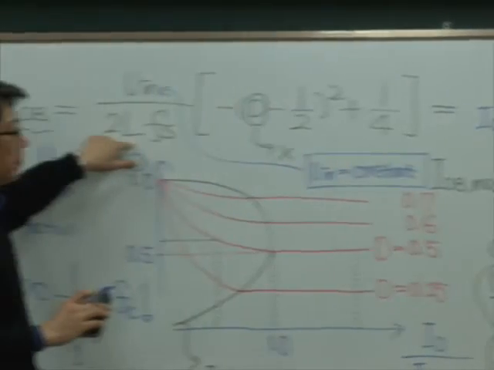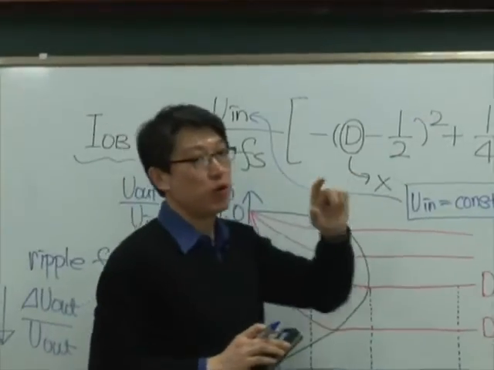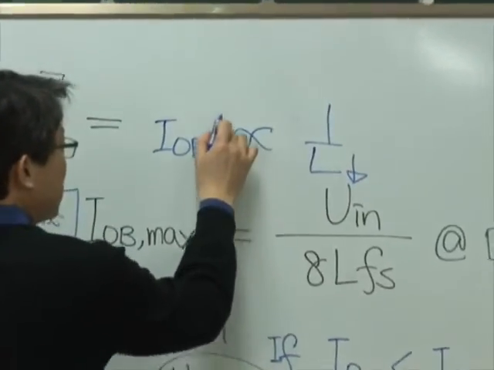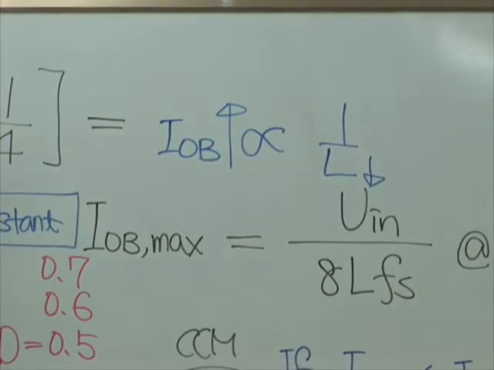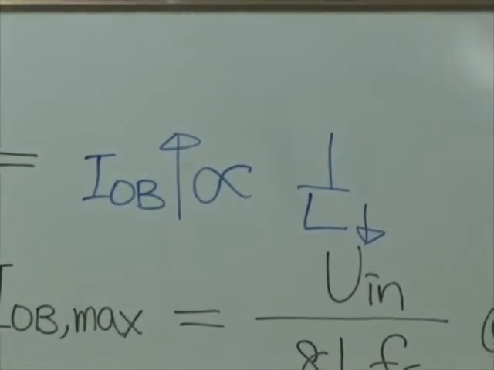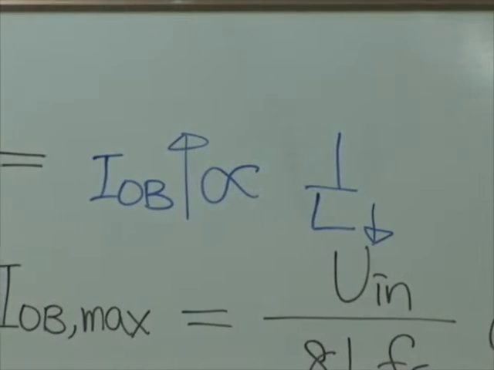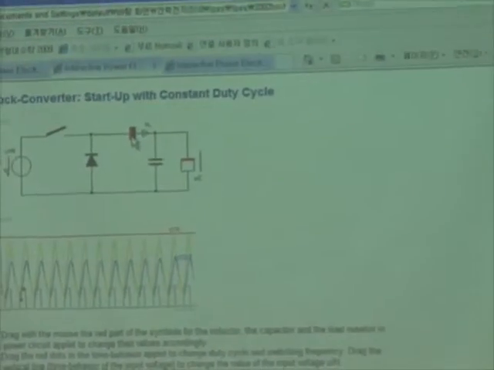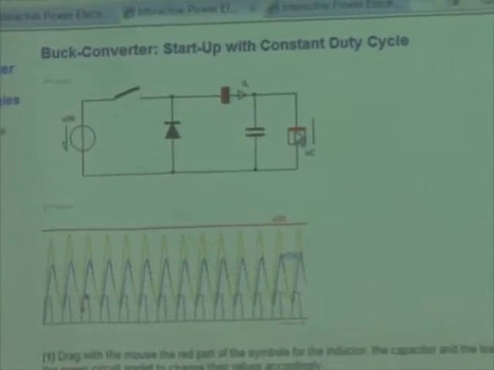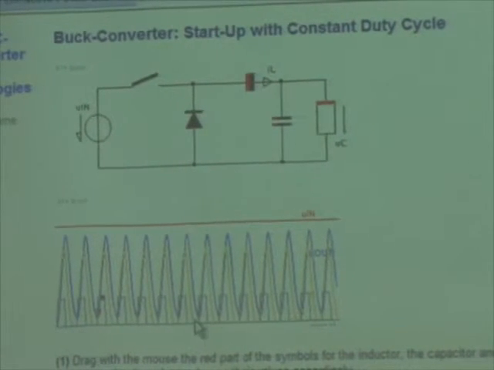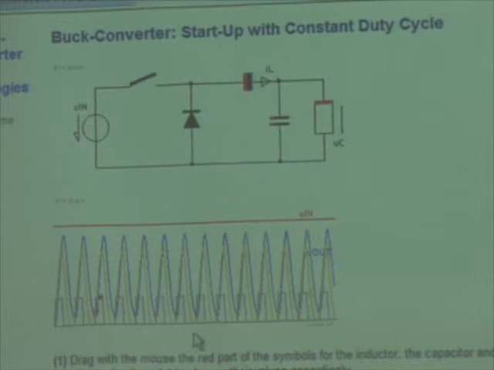If I have smaller inductance, then I have a large IOB, which means I have a higher chance of being in discontinuous conduction mode. Here is the explanation. If I have a small L and a low current, then we enter the discontinuous conduction mode.